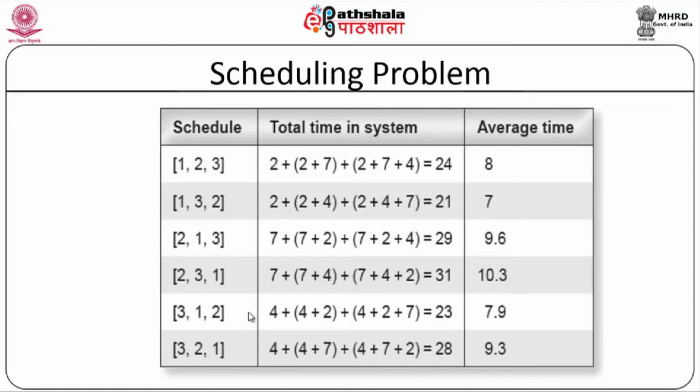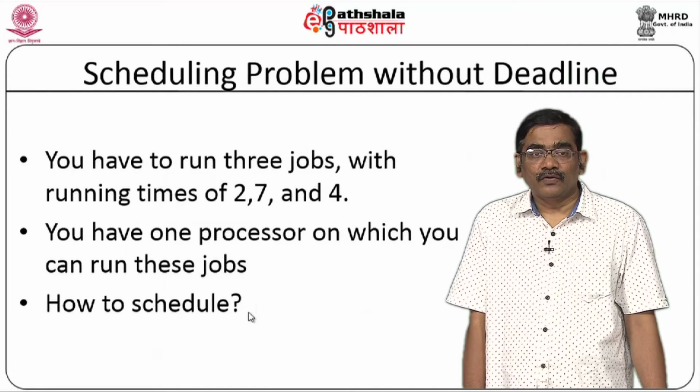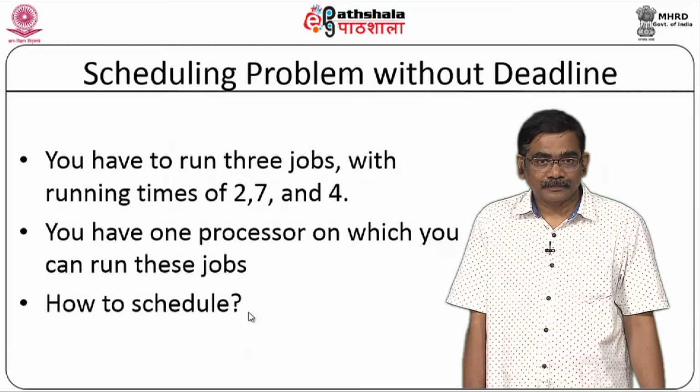Similarly, you can also calculate the turnaround time for the other schedules. This is an optimization, and we are looking for the optimal policy, which is the schedule where the turnaround time is very small. 7 is the minimum, therefore we come to the conclusion that the best thing is going to be 1, 3, 2, that means 2, 4 and 7.